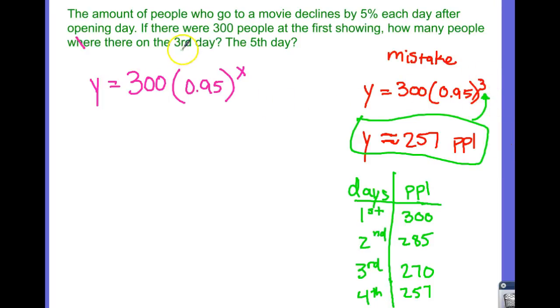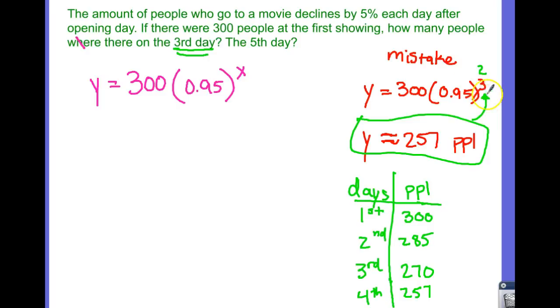Well, let's see. It's the third day, which means how many times should I have decreased by 5% on the third day? The first day has 300 people. So by the third day, I should only have decreased by 5% twice. This should be 2 here, not 3, because this is the third day and the first day had 300.